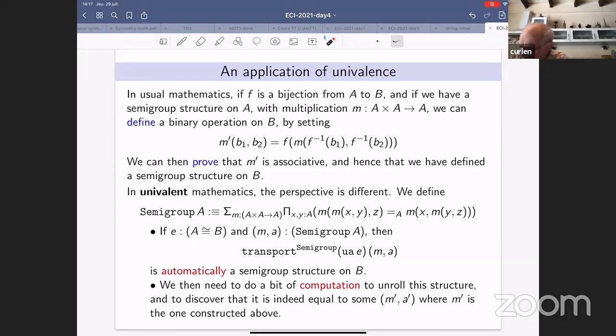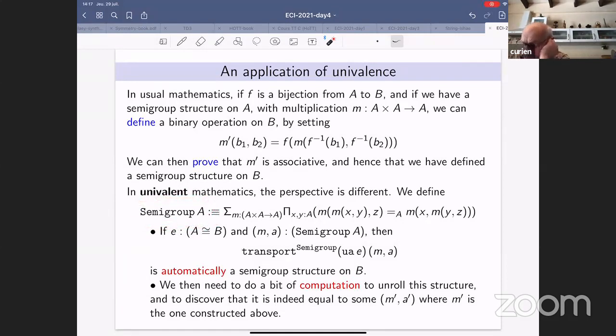The semigroup structure can be captured in terms of type theory by saying that given a type A, you can define a new type, which is semigroup of A. And if you provide an inhabitant of this type, then you know that A is a semigroup.